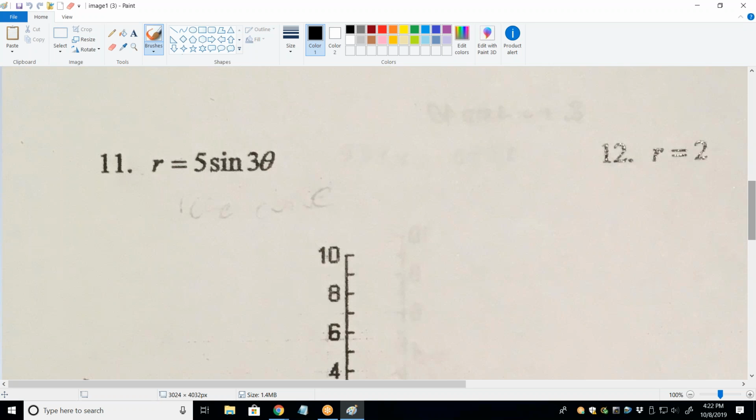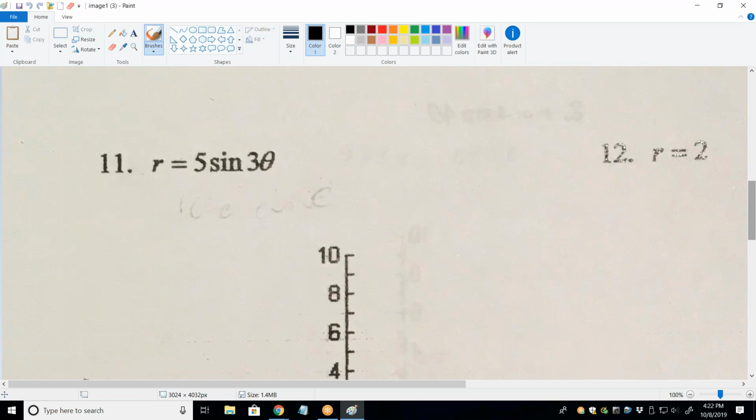And you did actually discover a couple different ways to graph it. You can graph it using a table. You can graph it by converting it to XY and seeing if you recognize that. Unfortunately, most of these polar curves don't end up being simple functions at all. So that's a hard way to go.